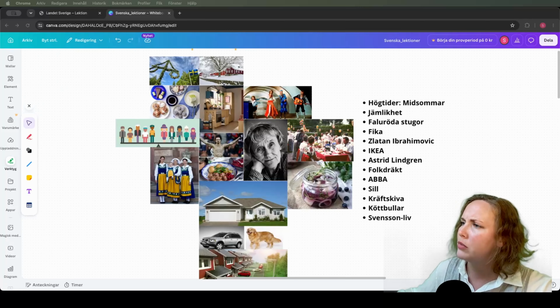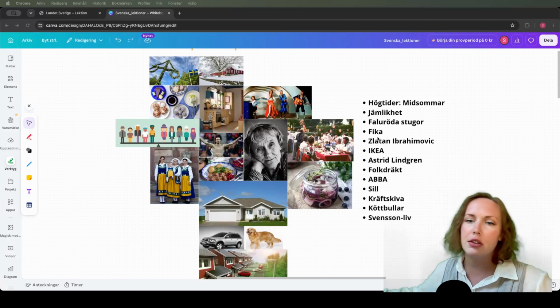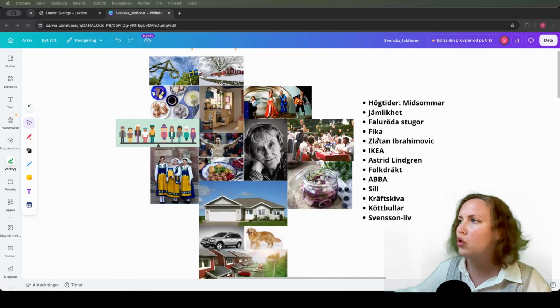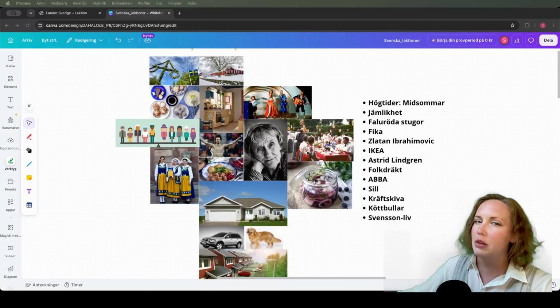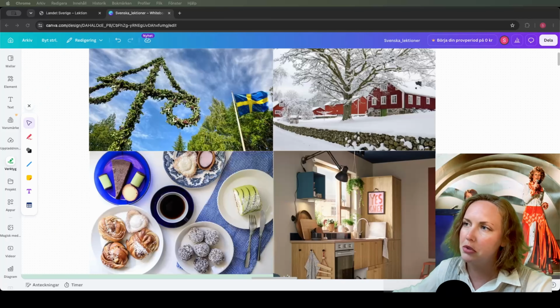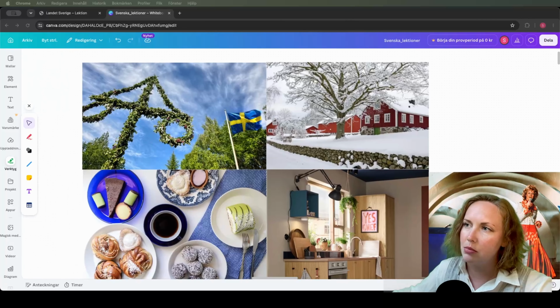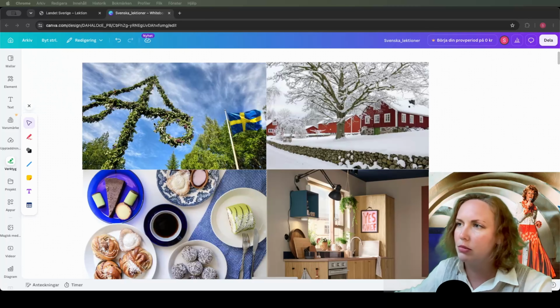Zooming out here again a little bit. We have a bunch of pictures and we have a couple of words, aka phrases or names or concepts. So let's first have a look at the pictures a little bit. Starting from the top here, we can see some kind of strange looking tree, but obviously man-made somehow, together with the Swedish flag. We then have some red houses on some kind of maybe farm looking place.